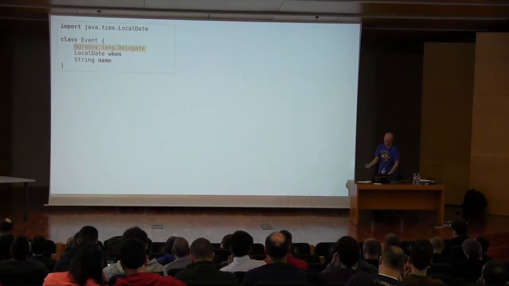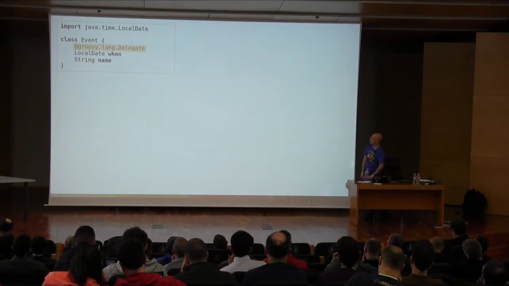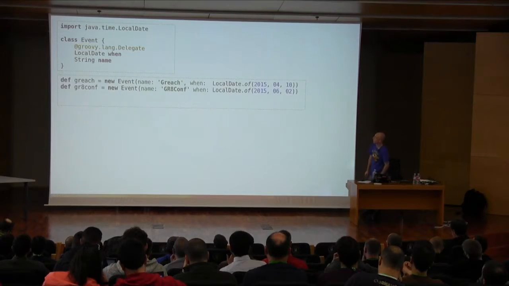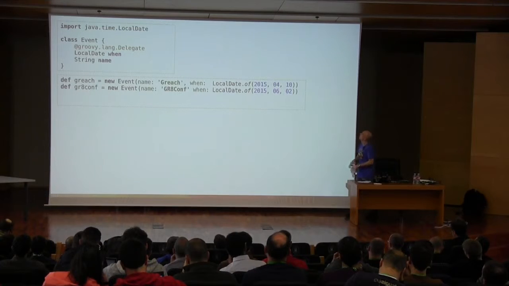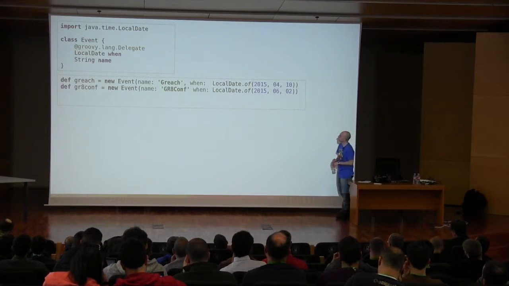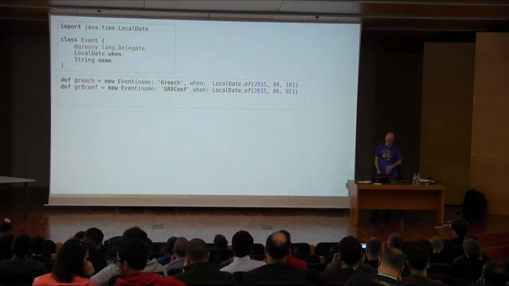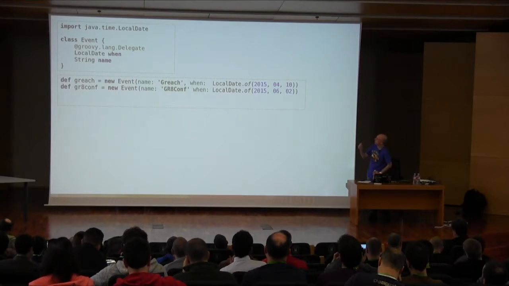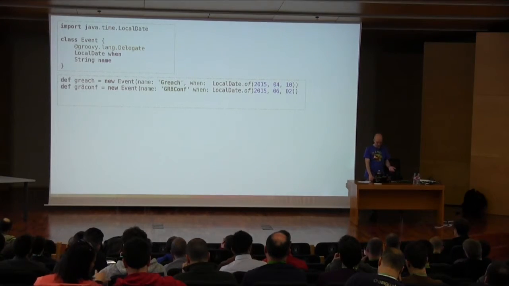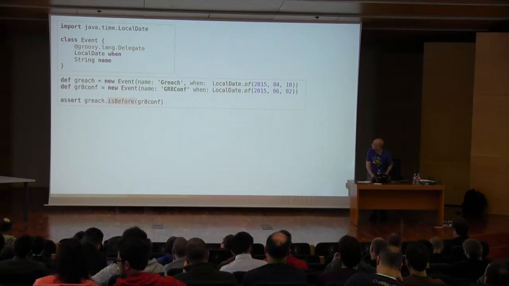We have this event with a date and a name, and we can create two instances: event Greach, when, April 10th, 2015, and then we create another one, Greach.conf, June 2nd, 2015, and as the local date property is delegated, we can write this code.